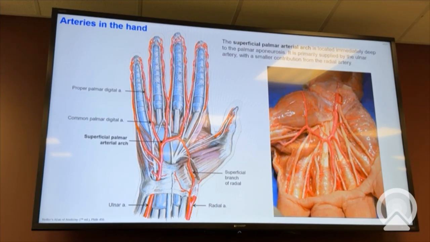But they injected it with a red latex to exaggerate that superficial palmar arterial arch. So you can see coming away from those, like this one, for example, would be a common palmar digital. And here's a good one, I can see the split into adjacent proper palmar digitals right here. There are little tiny nerves, some median nerve branches there.